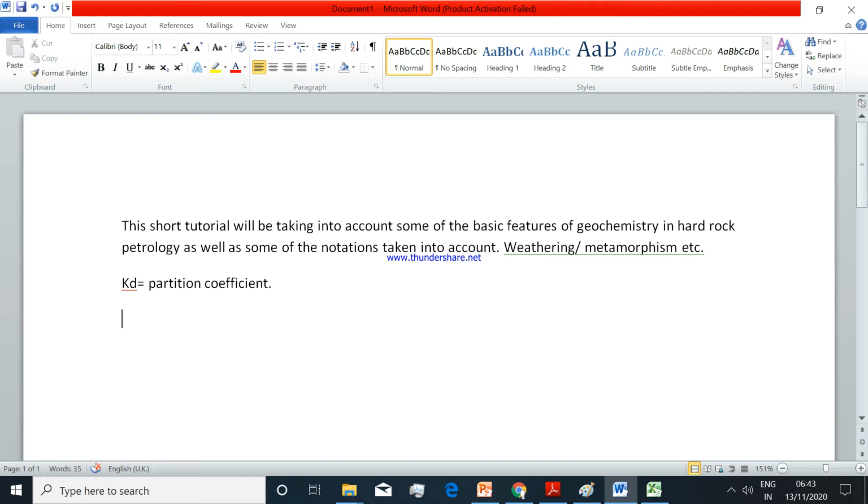which is often taken as the concentration of an element. Whenever a melting is taking place, it is the mass of the element that goes into the melt divided by the mass of the element resting in the solid phase.